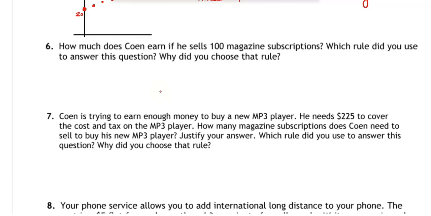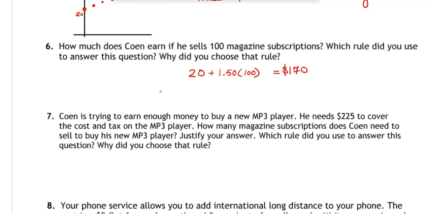So right here, if I was going to figure out how much we would have if we sold 100 subscriptions, we would take that initial $20 and add $1.50 times 100. If I put that in the calculator, I get back $170.